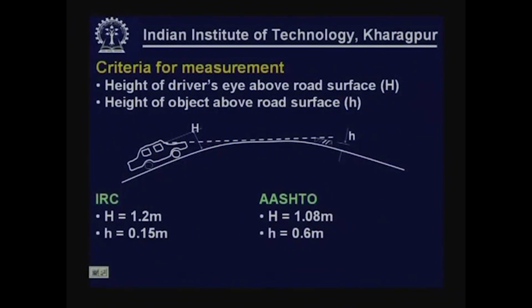Criteria for measurement. When we are talking about sight distance, it depends on the height of the driver's eye level and the height of the object that we are talking about.